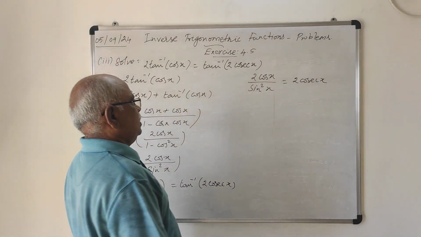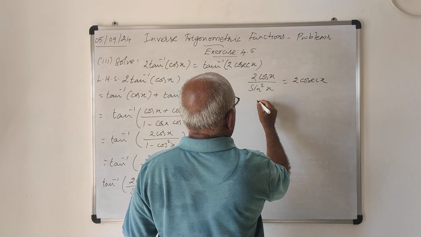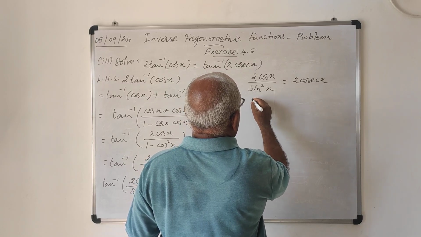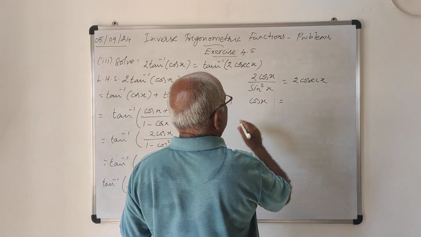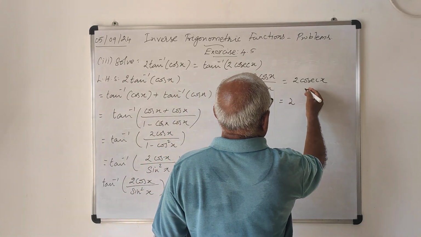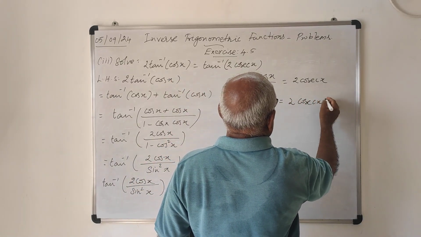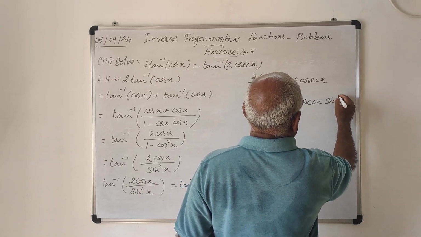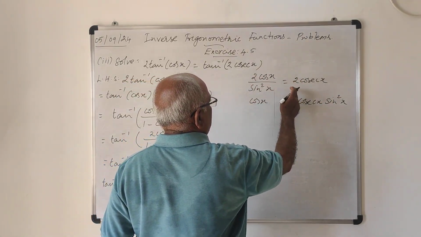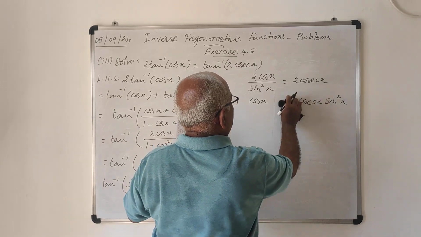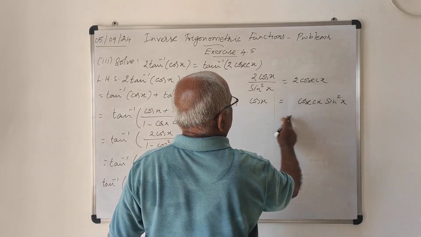The 2 cancels on both sides, and you will get cos x equal to cosecant x into sin square x.